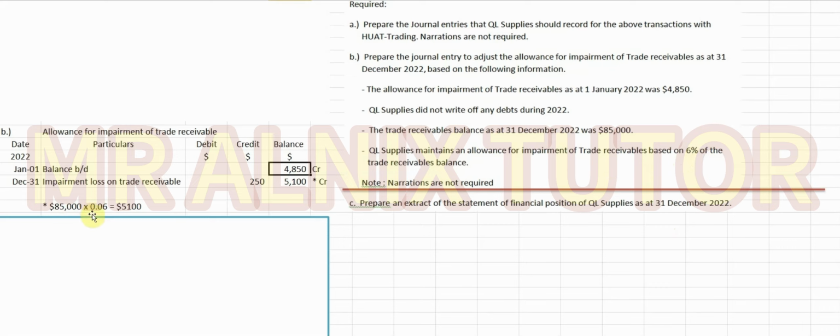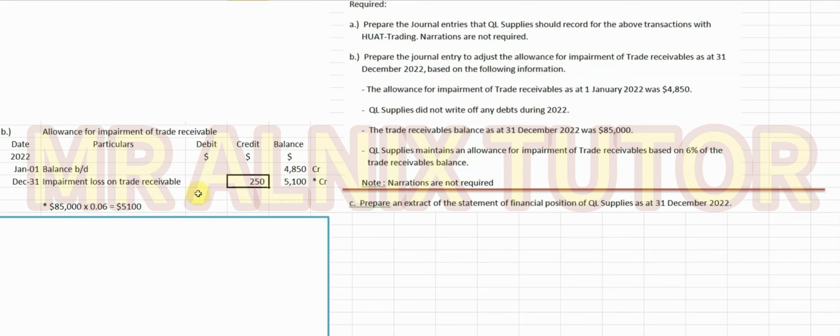So 85,000 times 0.06, I will get 5,100. So at the end, I will get 5,100, right? The easy way is to work backward, then I will get my answer there. Alright, that means using 5,100 minus 4850, I will get 250.